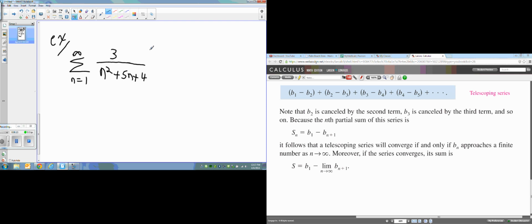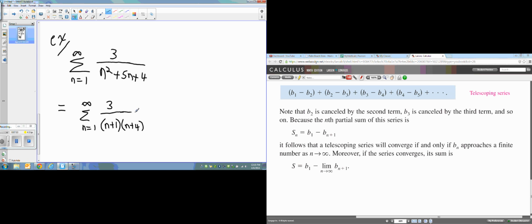Now, this one doesn't look like a telescoping series, but let's go ahead and break this down into its partial fraction decomposition and see what it looks like. So let's factor the denominator. This would then equal the sum from n equals 1 to infinity of 3 over n plus 1 times n plus 4 if you factor it.